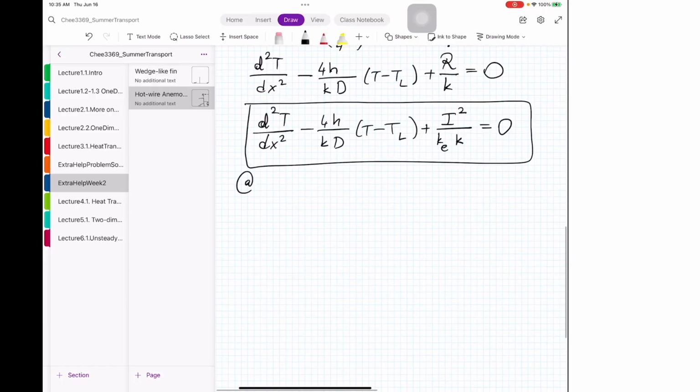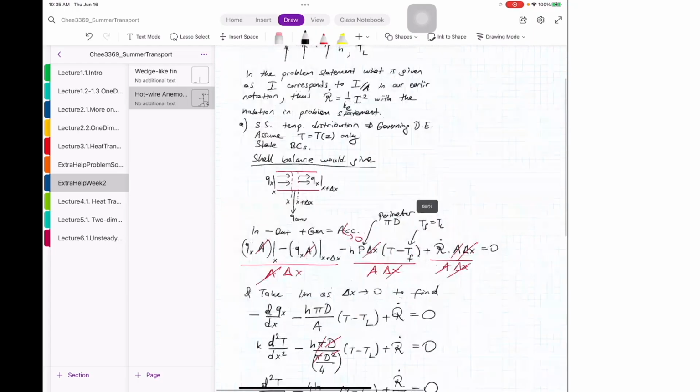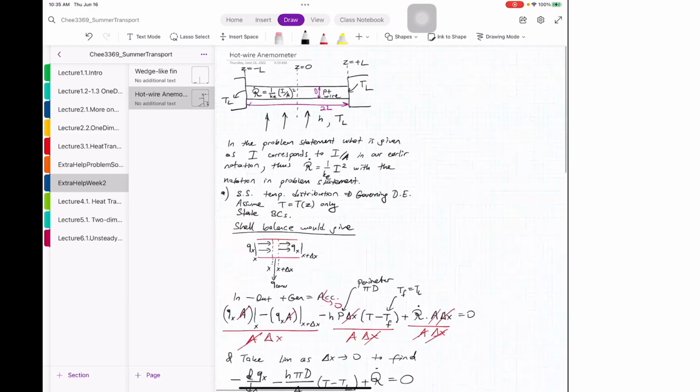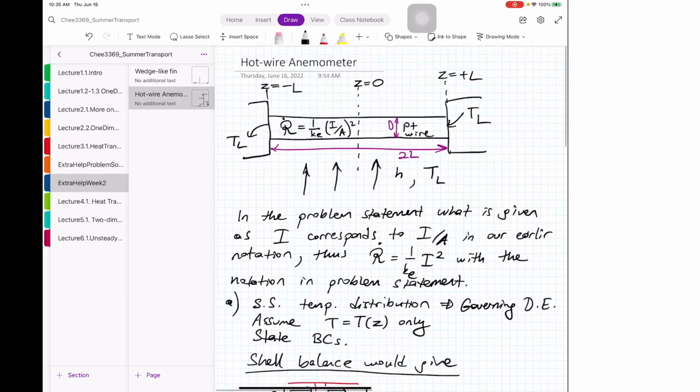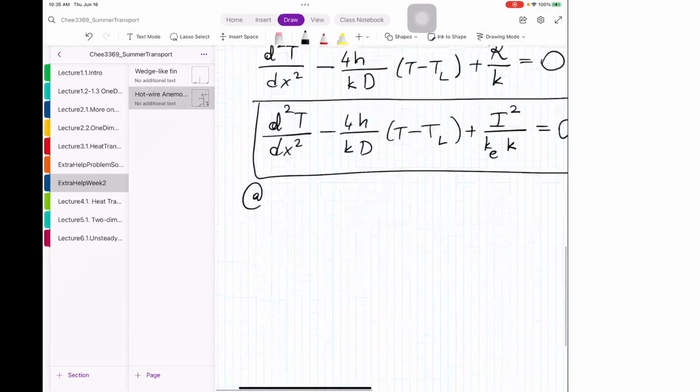At x, these are all z, right? So this must be z direction. But that's okay, so let's make them x. There's not going to be any problem in changing the z to x, right? It's just the name we give. Okay, cool. There you go.